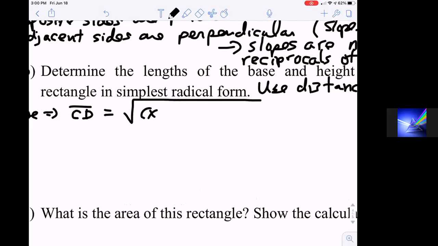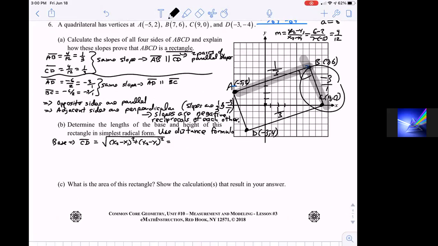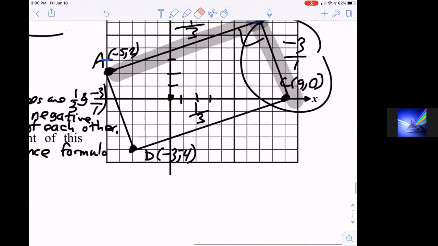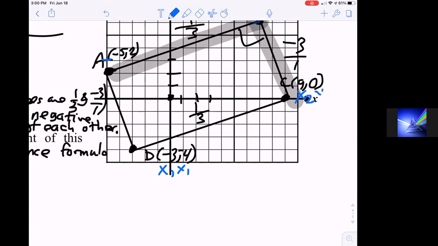It's going to be the square root of x2 minus x1 squared plus y2 minus y1 squared, right? Okay, so now we're going to go to our points here. Got a lot going on in this picture. This is x1, y1. This will be x2, y2.